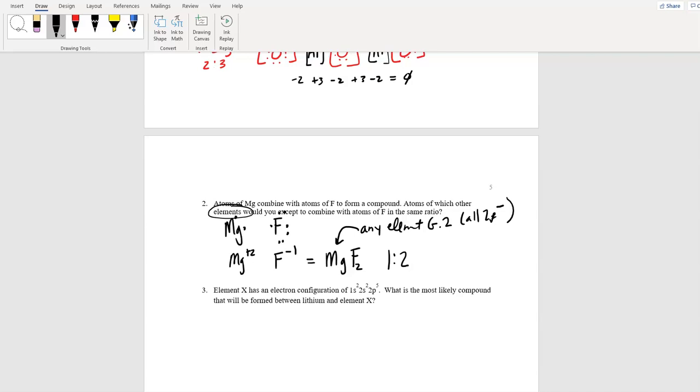What if I had a mysterious X that has an electron configuration of 1s2, 2s2, 2p5? Okay? Don't think it'll be too hard to figure out who that is. What is the most likely compound that'll be formed between lithium and this mysterious X? Okay?